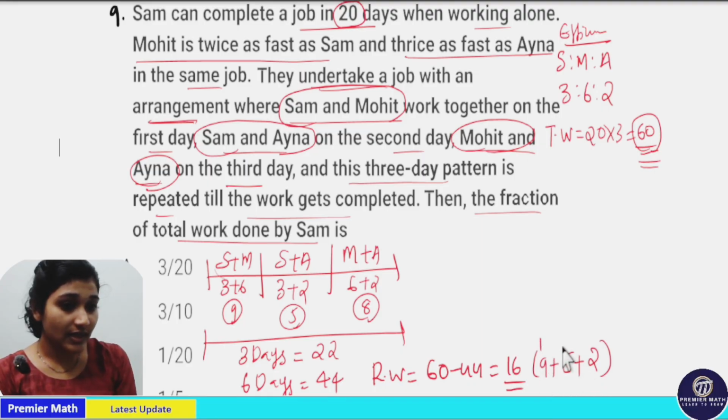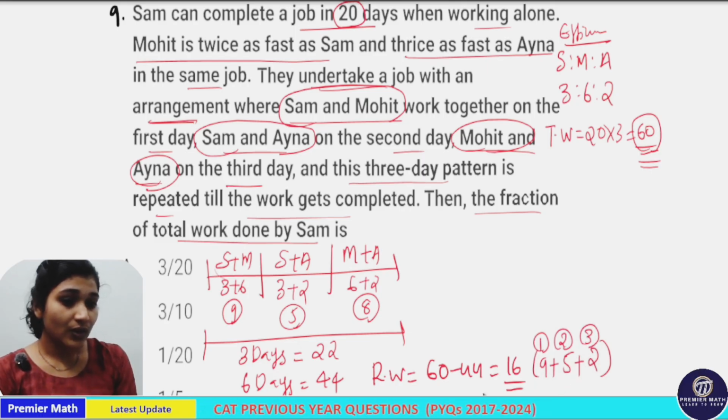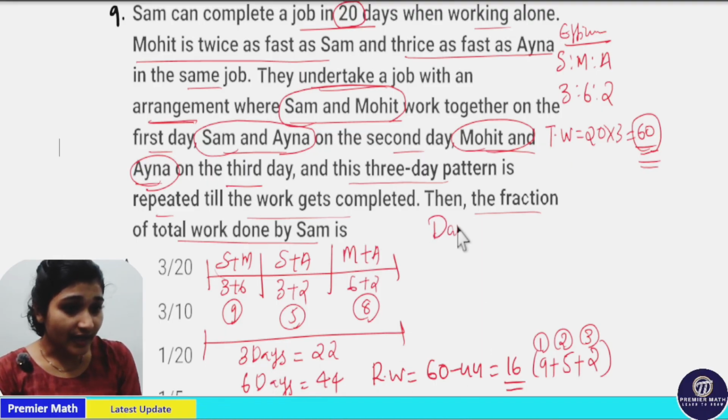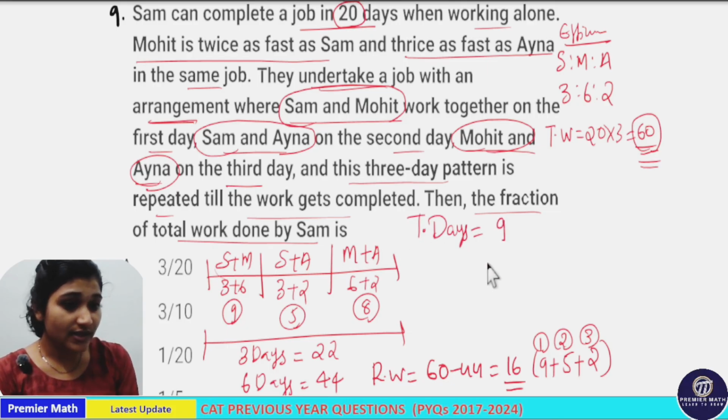So the total days needed is 9, but on the 9th day only 2 units need to be completed by Mohit and Aina. So the total number of days required is 9.